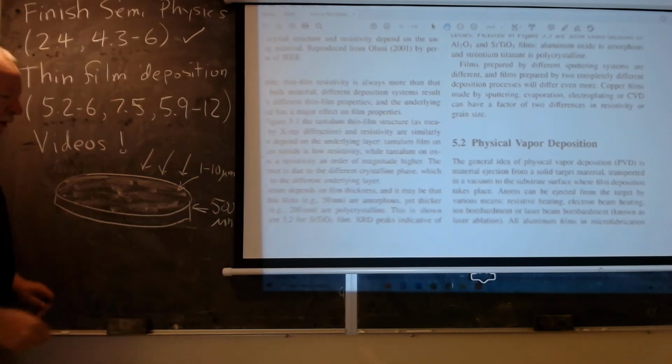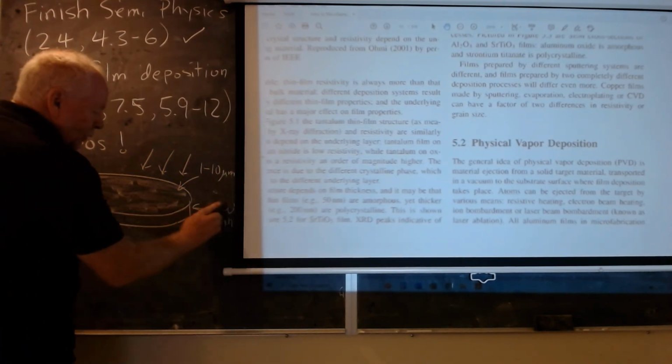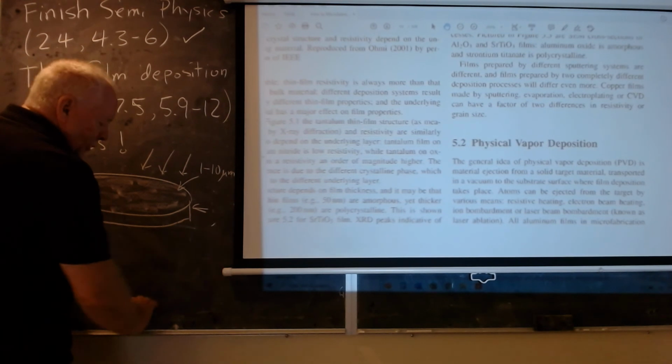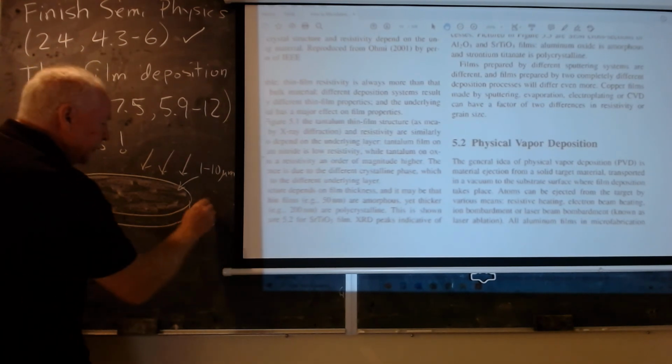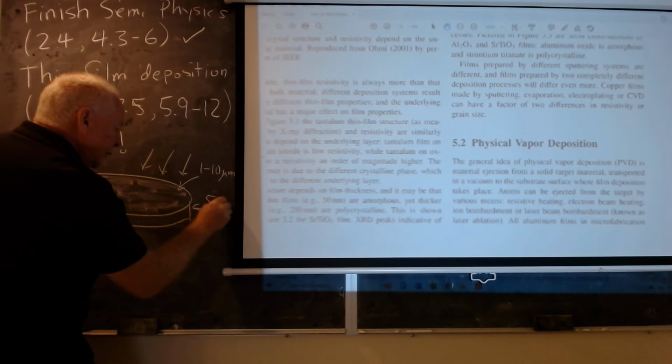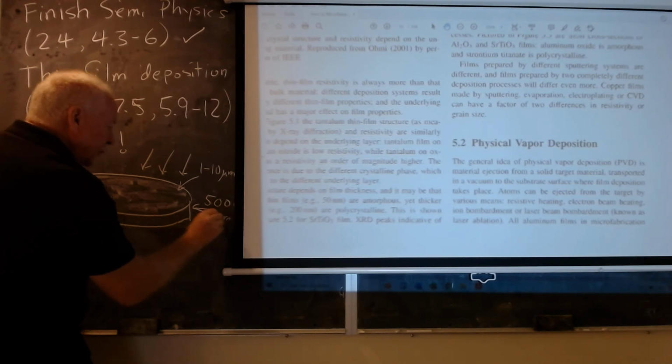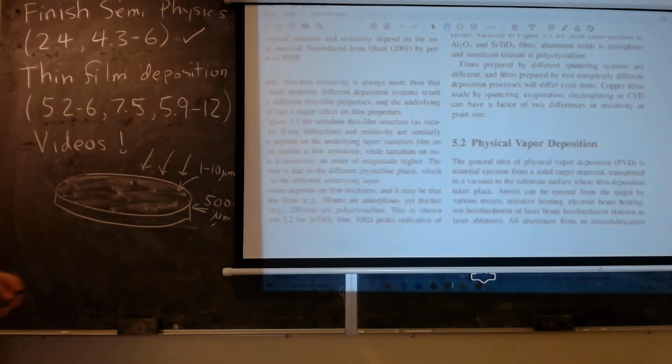So that's what's meant by thin. Those are just examples. A thin film can be as thin as 100 angstroms. It can be very thin.